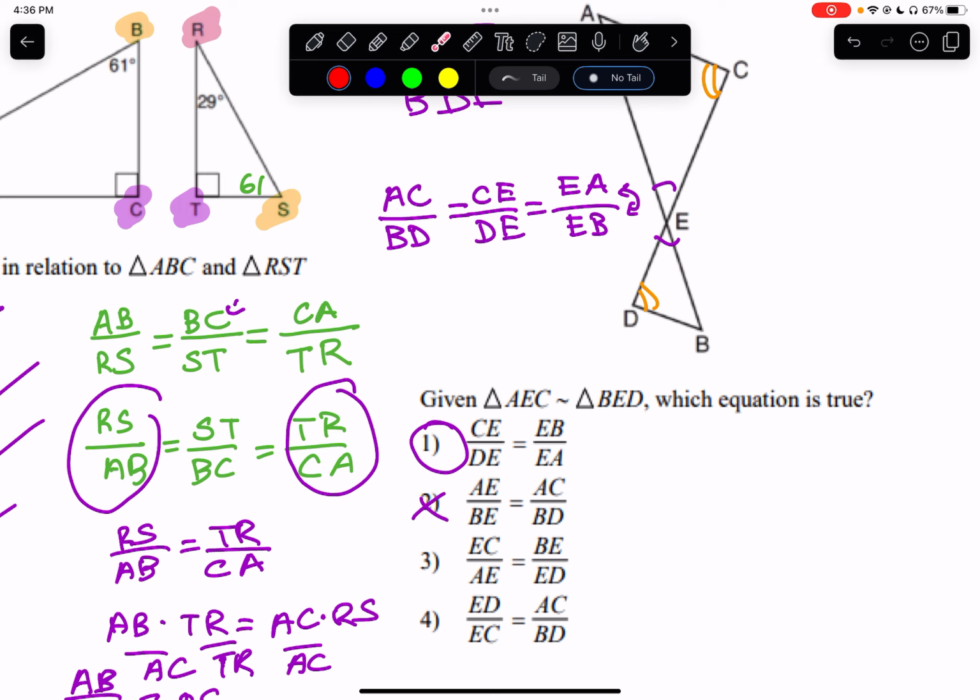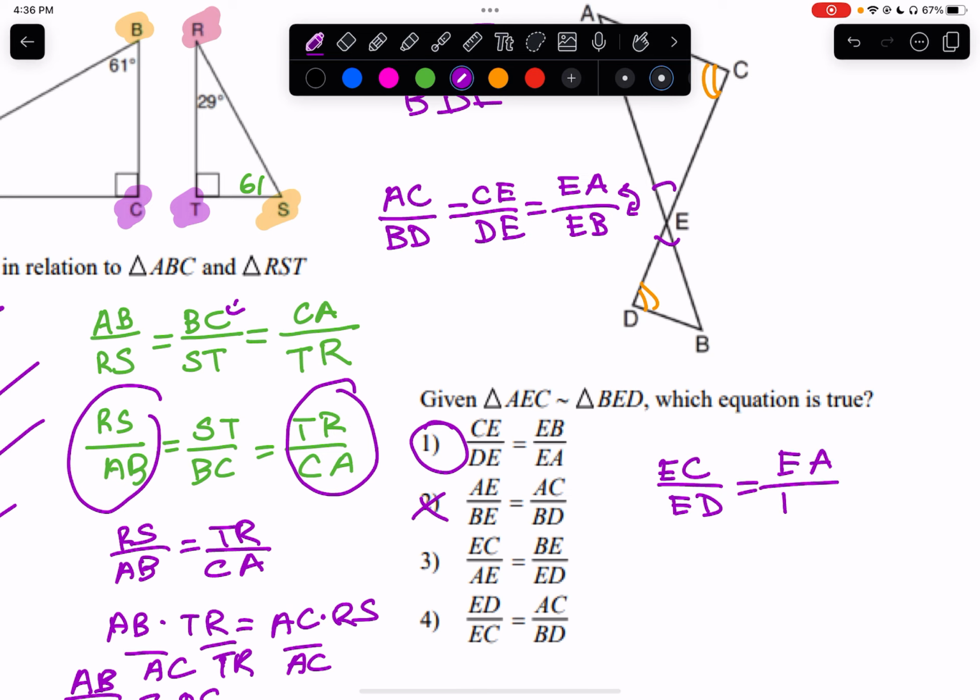EC over AE, so we don't have that written, so I'd have to solve. So we have EC and ED, and then we want to see if we can solve that for EA, EB. So this is going to be similar to the last problem. This is how you can see that the Regents really does not come up with new problems. It's kind of the same year after year. So I want to move the AE over.